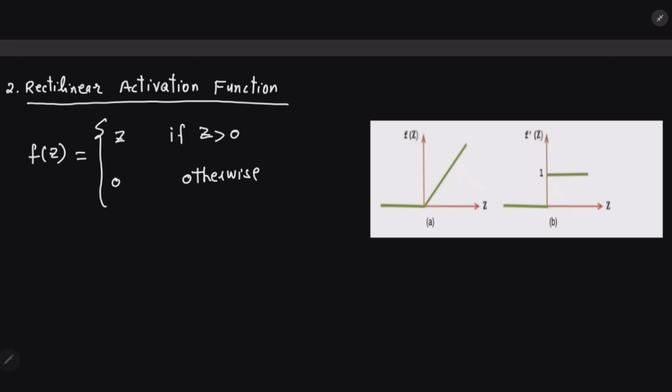So that's how this function is defined in ANN or in calculus. We have a graph on the right hand side. You can see that this function only exists when z is greater than 0. It does not exist when the values are negative.